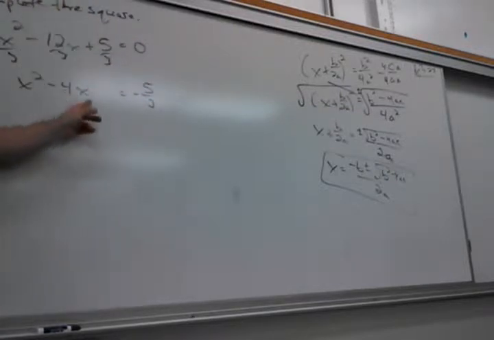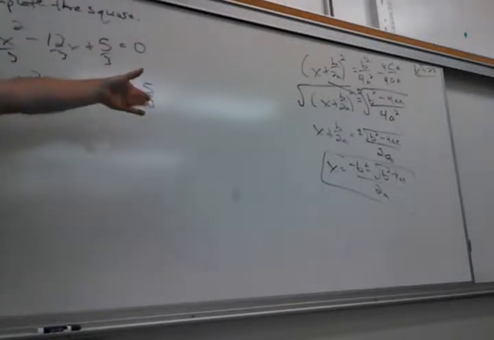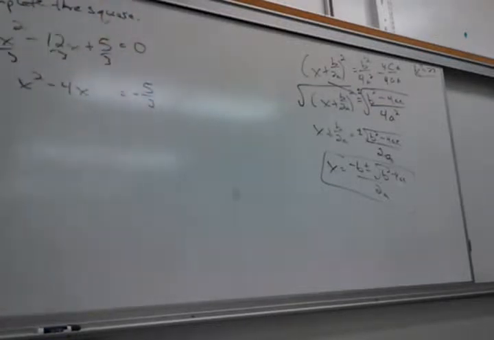If I multiply everything by 3, I would kill the fraction, but then I'd be back at the same problem I had before. I need this to be a 1, so I have to divide by 3. It doesn't go into 5, too bad. Completing the square won't work unless this number is 1.